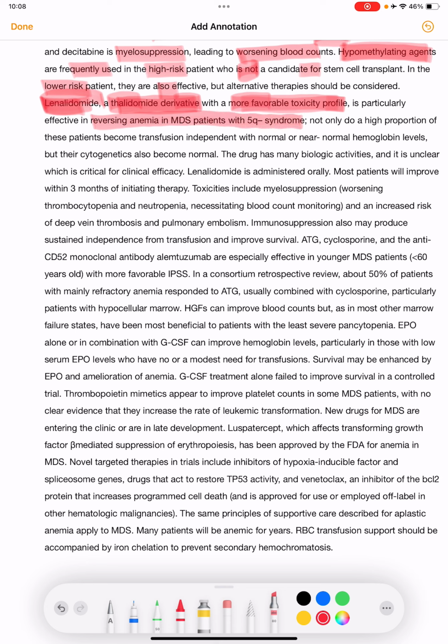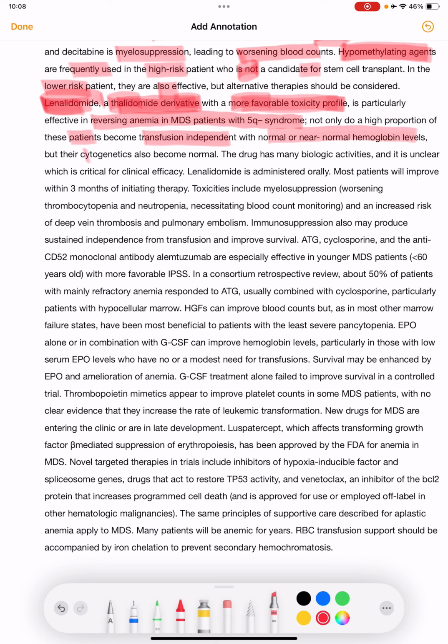A high proportion of these patients become transfusion independent with normal or near normal hemoglobin levels.